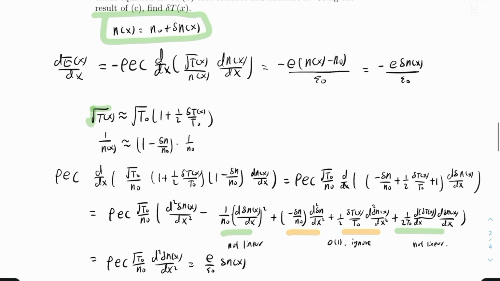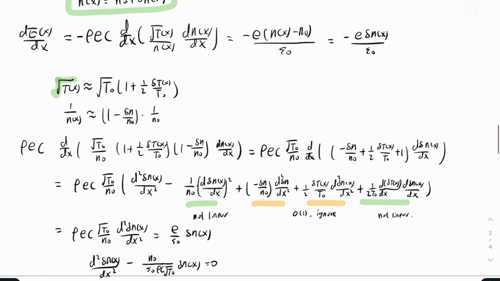And now we just need to plug in the equation back. So for square root of T(x), we plug in this equation, which is over here, right? And for 1 over n(x), that is over here. Perfect. And we need to multiply the whole term by this.